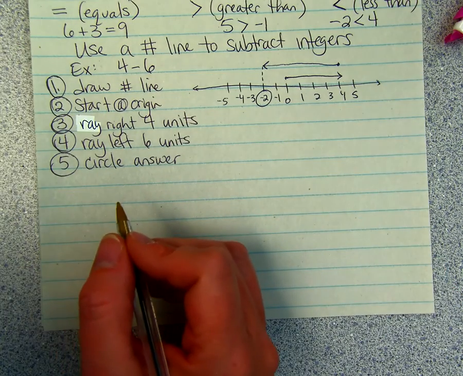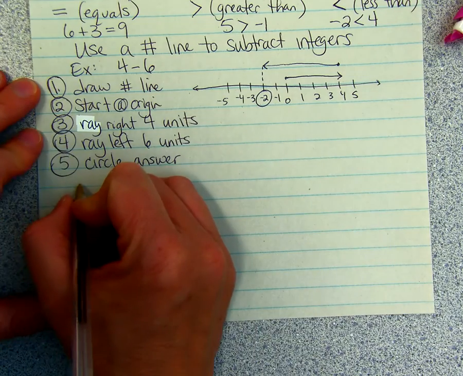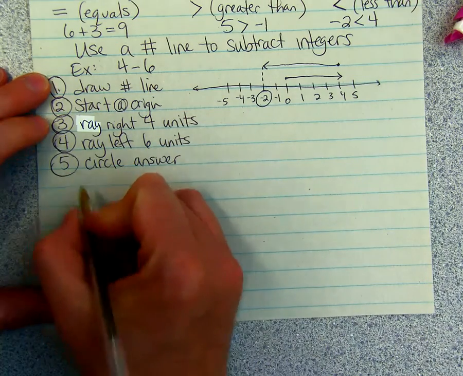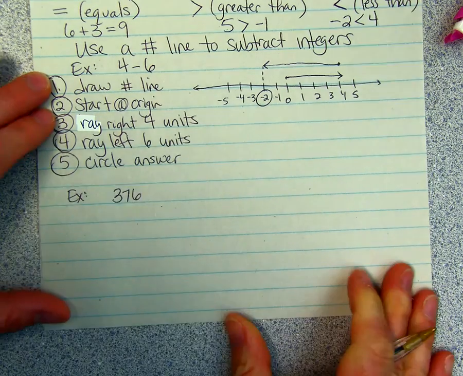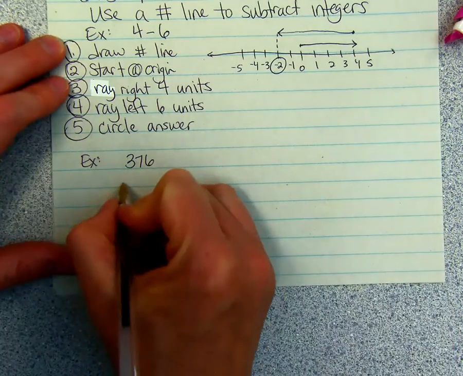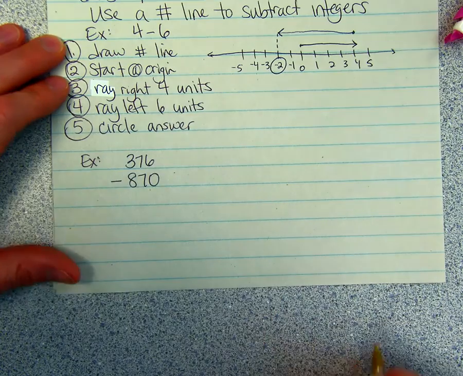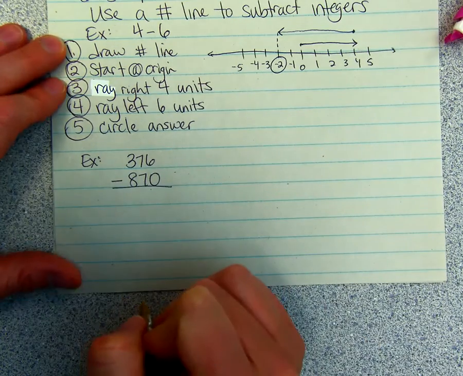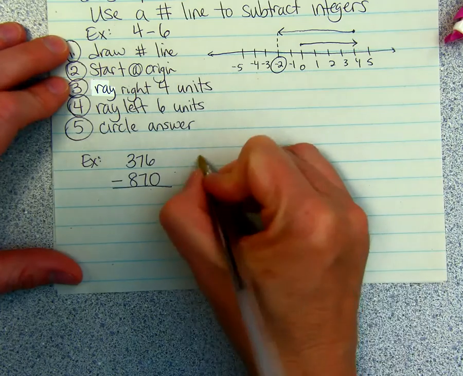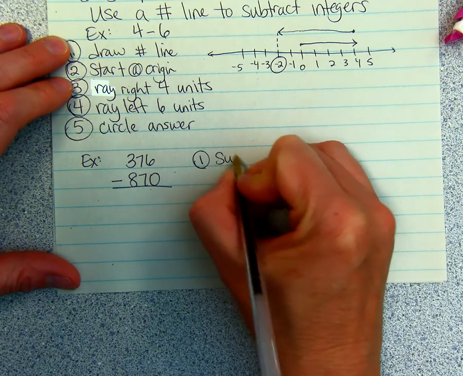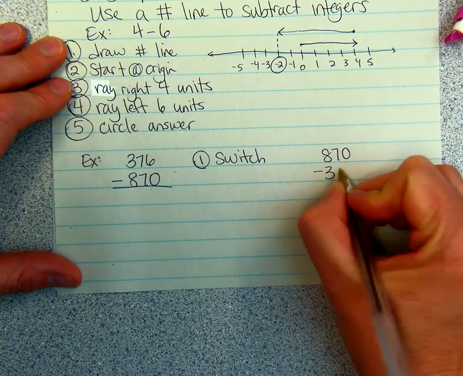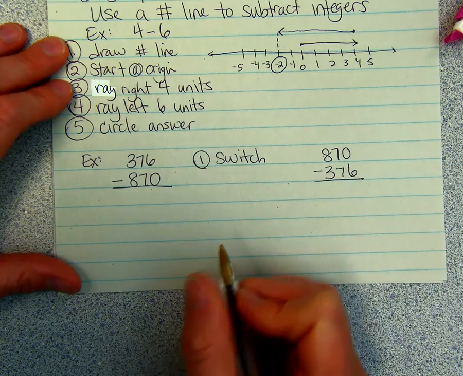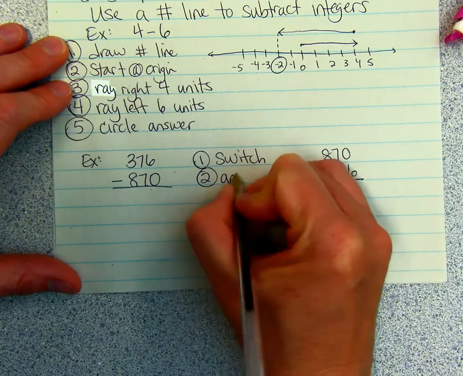Sometimes when we subtract, our subtrahend is bigger than the minuend. So notice here our minuend, 376, is less than our subtrahend, which is 870. So one trick or way that we do this is we switch the two numbers, put the bigger one on top, subtract the smaller one, and then your answer will be negative.